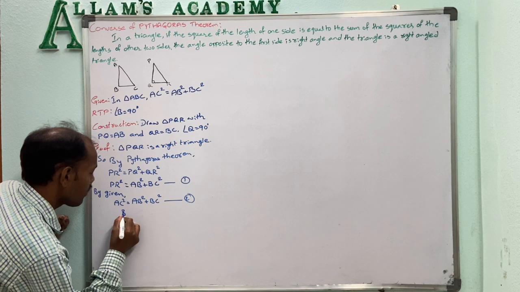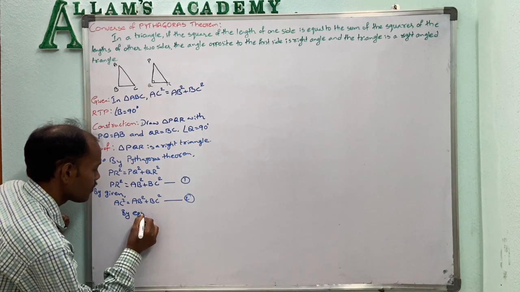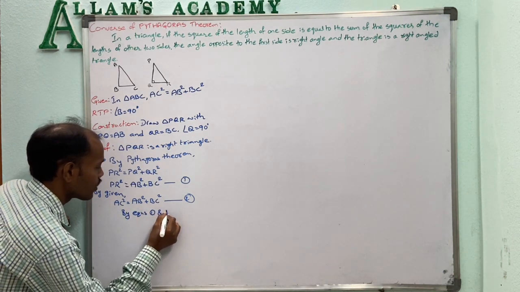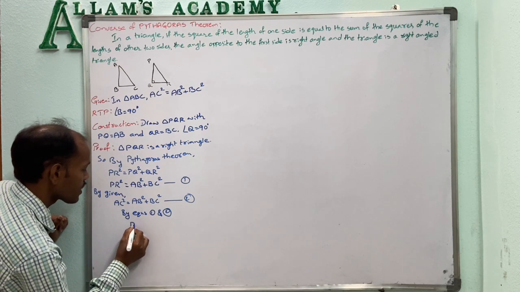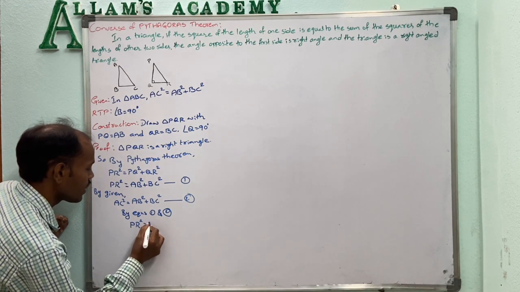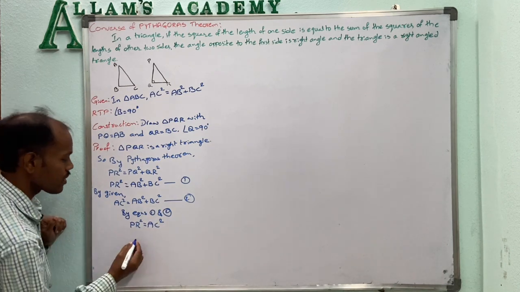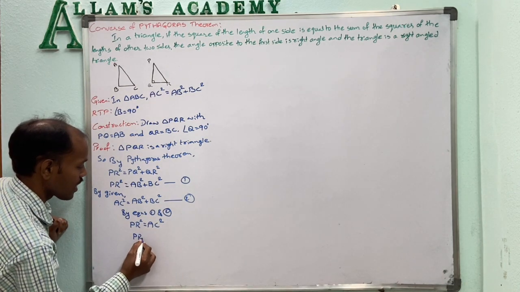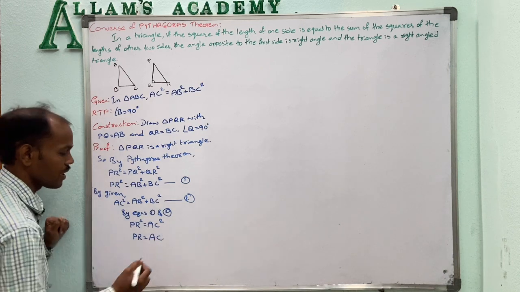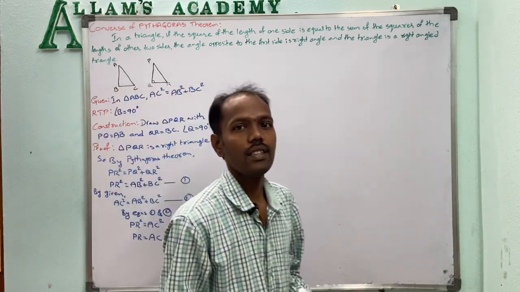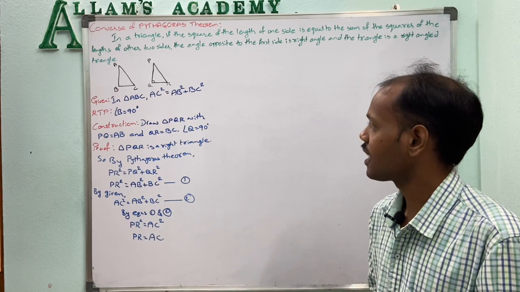So by equations 1 and 2, PR square equal to AC square. Now taking square root on both sides, PR is nothing but AC. PR side length is equal to AC side length.